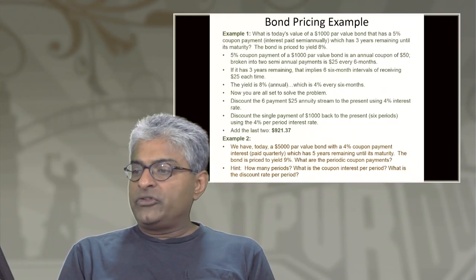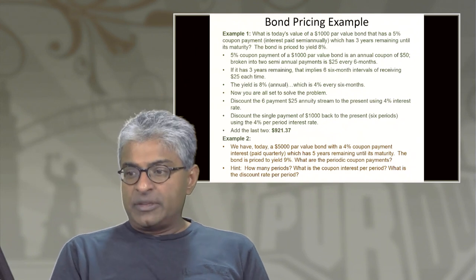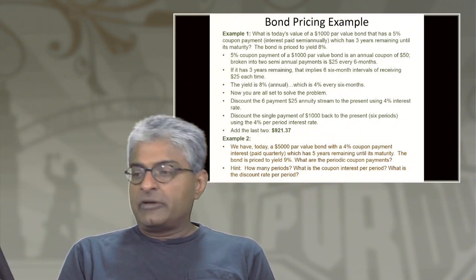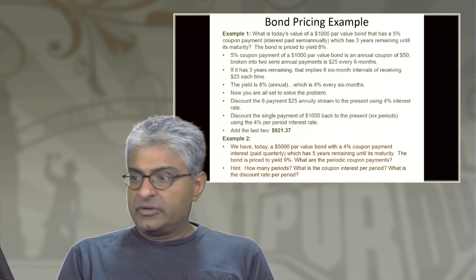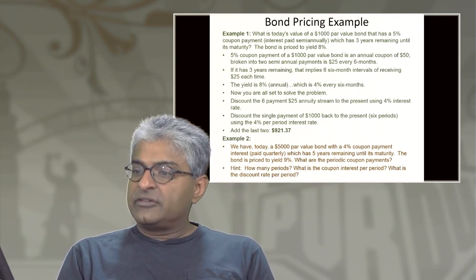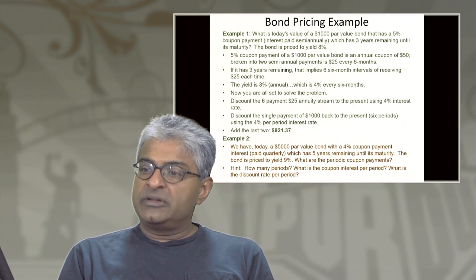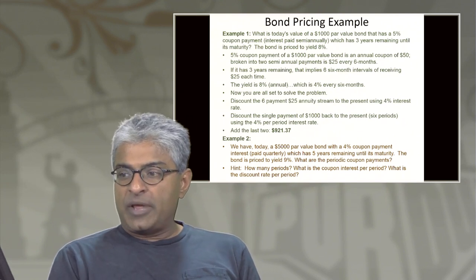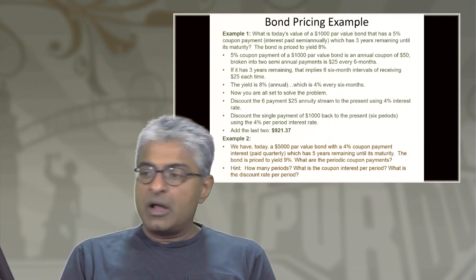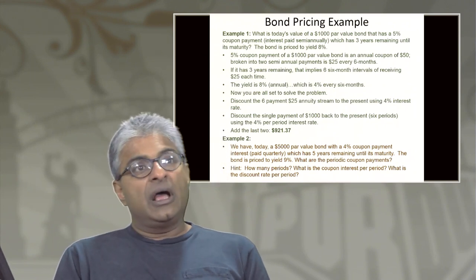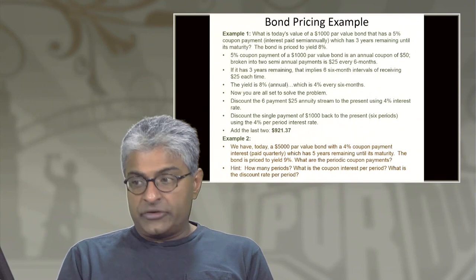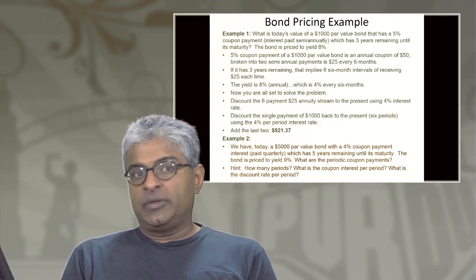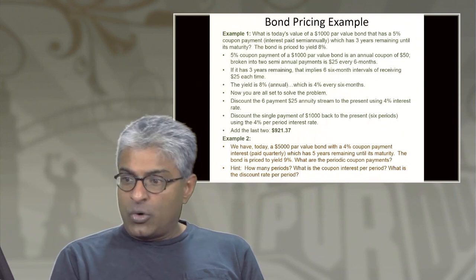So here, what you're given is the present value. So you're given the current price, which is $5,000. Par value obviously is $1,000. That's standard. It has a 4% coupon payment paid quarterly, right? So a 4% coupon payment on a $1,000 face value bond is going to be simply $40, which then divided into 4 quarterly payments would be $10 every quarter.